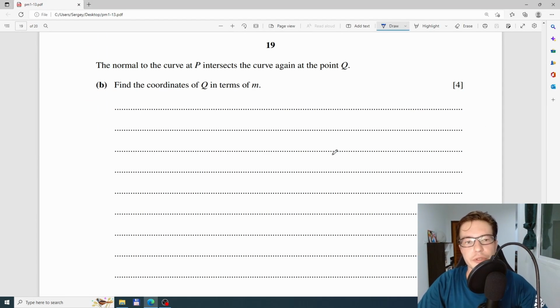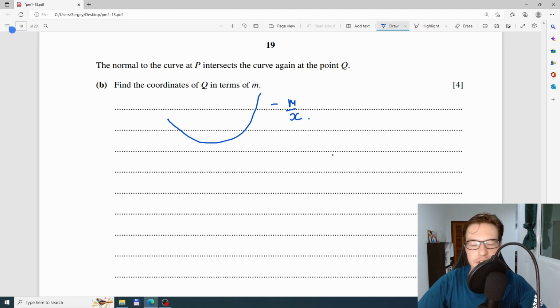Alright, and the very last question of this paper. The normal to the curve at P intersects the curve again at the point Q. Find the coordinates of Q in terms of m. Okay, fine. Let's draw a very rough sketch of what's going on in this question. So we have a curve, and I know it's not really minus m over x, but that's just a sketch to analyze what's happening.